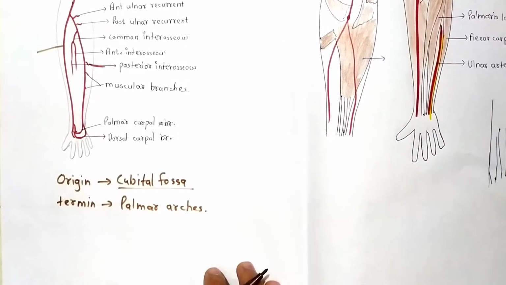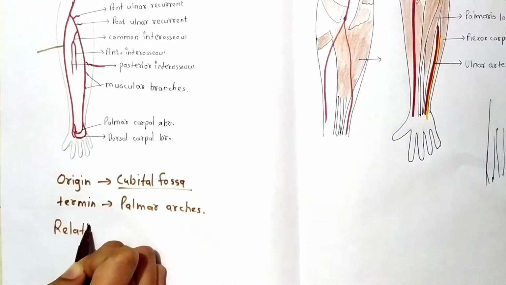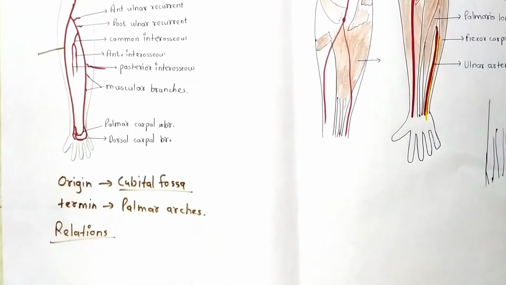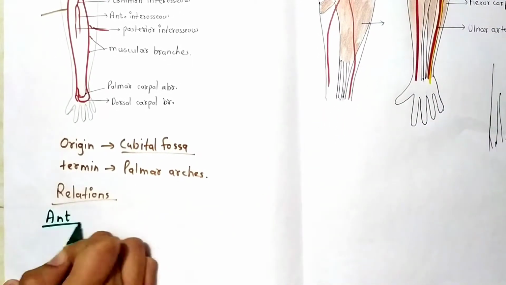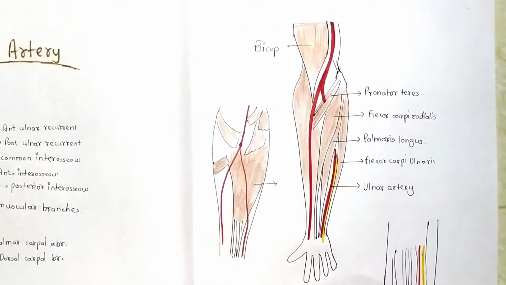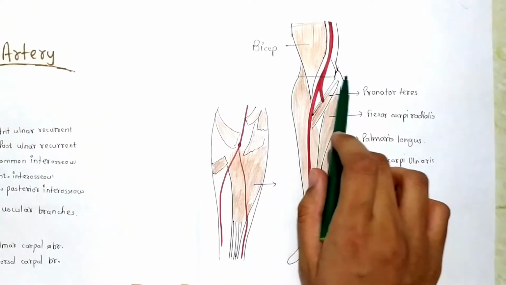Now let us talk about the relations. Anterior relation. Now in this diagram, this is the biceps muscle and this is the region of the elbow.